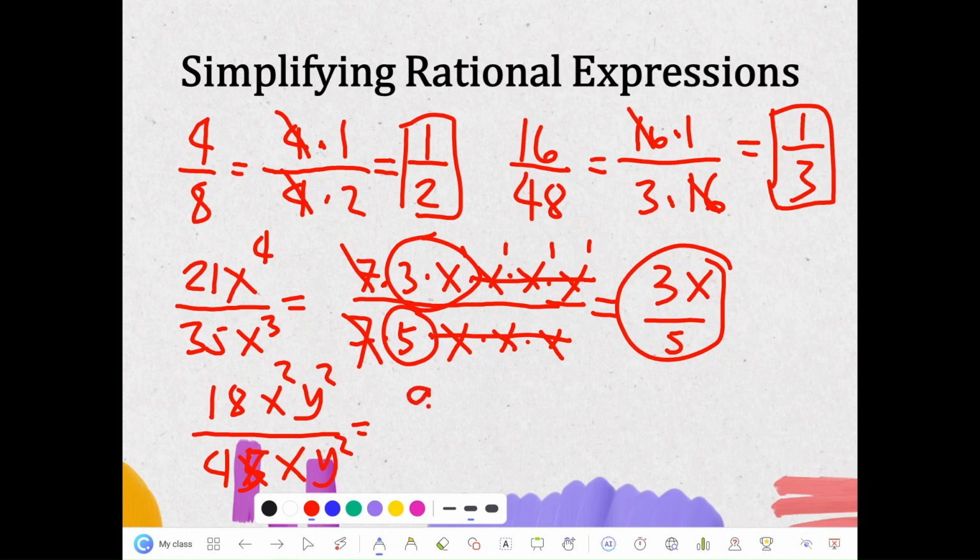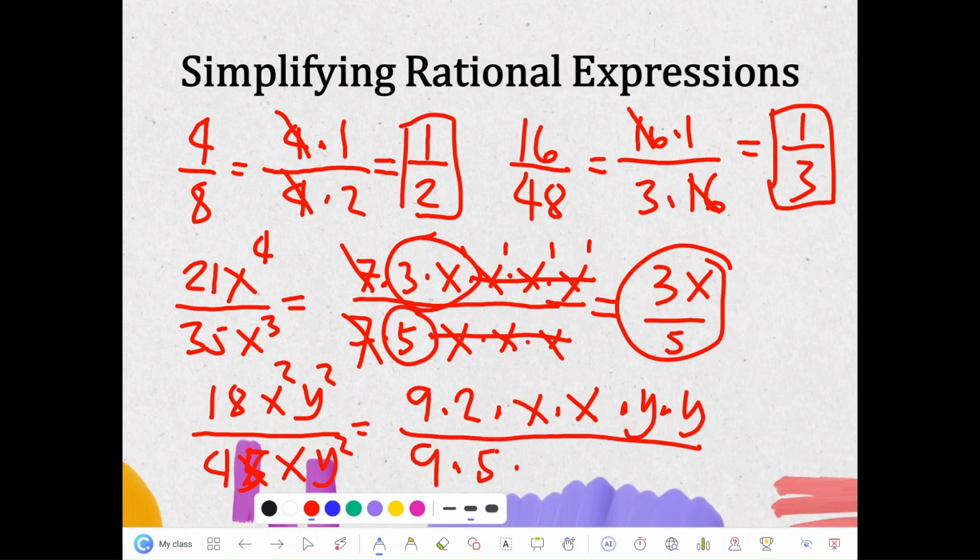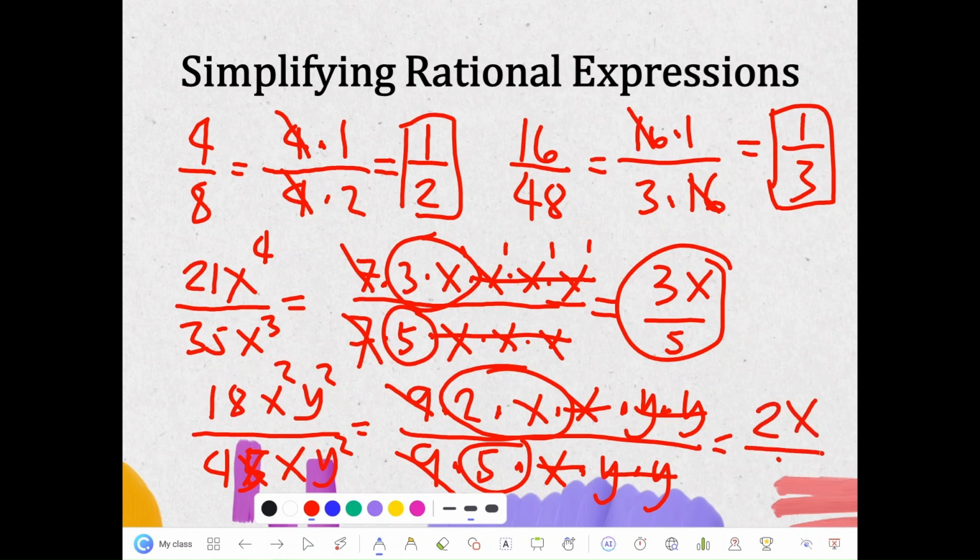So 18 is 9 times 2 times x times x times y, over 45 is 9 times 5, 9 times 5 times x times y times y. The next thing for you to do is to cancel common terms. So you have here x and x, dalawang y i-cancel mo, and then isang x dito, isang x din dito, you will be left with 2x over 5. So this is equal to 2x over 5. And this is your final answer.